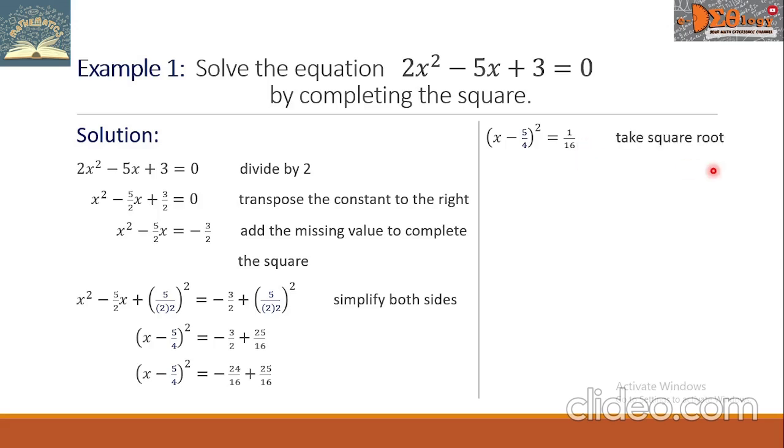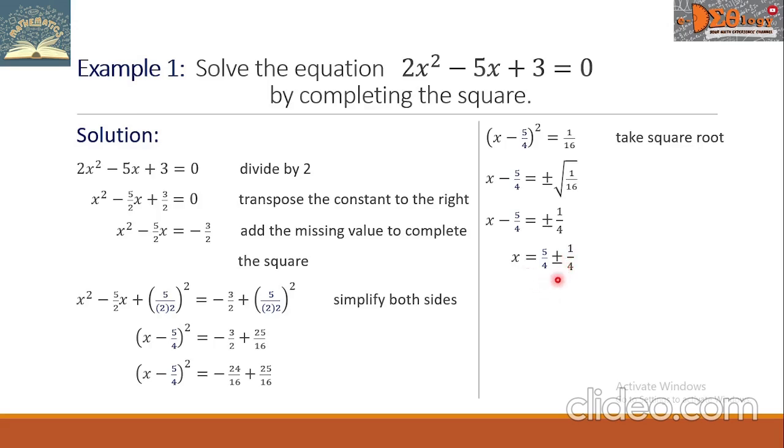Then we take the square root of both sides. We cancel the square on the left, and on the right we write plus or minus the square root of 1 over 16, which is simplified as plus or minus 1 over 4. Then we isolate x. The negative 5 over 4 we transpose to the right. We have now x equals 5 over 4 plus or minus 1 over 4. Now we split the values of x, one with a plus, the other with a minus.